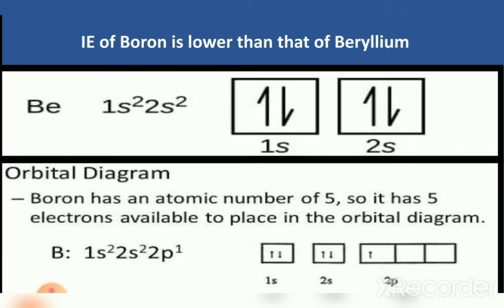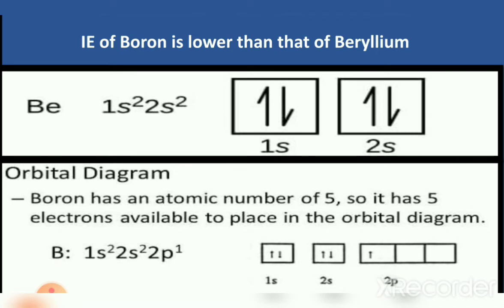In a period, boron comes after beryllium. So we expect the ionization enthalpy of boron to be higher than that of beryllium. But boron has lower ionization enthalpy. What is the reason? To understand that, consider the electronic configuration of beryllium and boron. The atomic number of beryllium is 4, so the electronic configuration is 1s2, 2s2. The atomic number of boron is 5, and therefore the electronic configuration is 1s2, 2s2, 2p1.